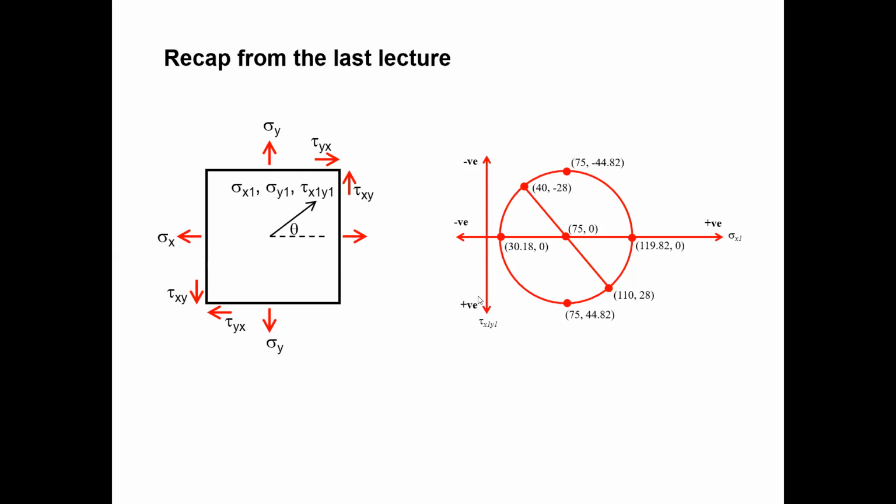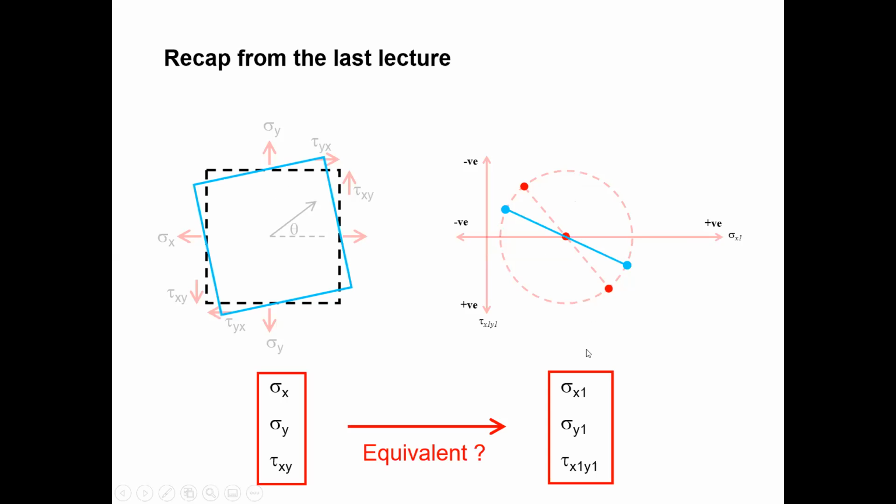If you select downward, when you rotate clockwise, here you can also rotate in the anti-clockwise direction. So this is when you rotate anti-clockwise by the theta angle. So the Mohr circle also will be like this, and you can see the new normal stress and shear stress.